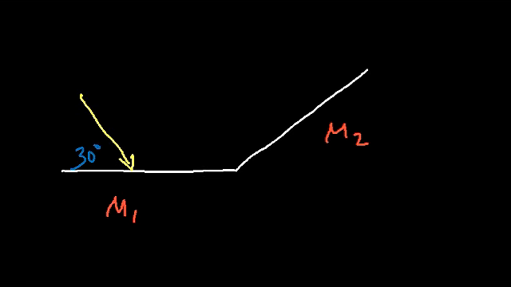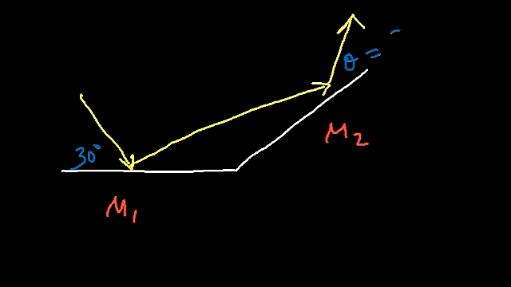And then this light ray bounces off and strikes this mirror. And you want to find the angle at which the light ray leaves the second mirror. So what is the angle theta? And let's say that the angle between the two mirrors is 110 degrees. Feel free to pause the video and solve the problem, and then unpause it when you're ready to see the solution.